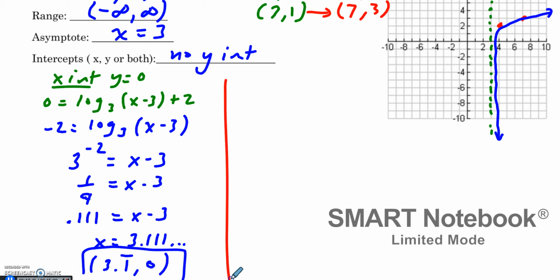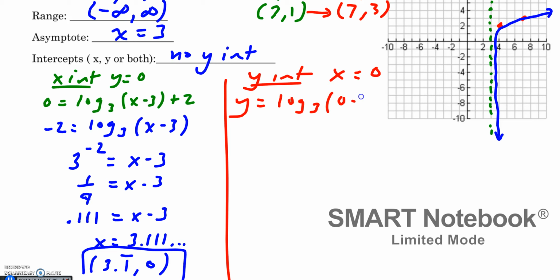If you're interested, another reason why there's no y-intercept is if you look at this original problem, and if you'd like to find the y-intercept by hand, that means x equals 0. So you could say log base 3 of (0 minus 3) plus 2. So you'd have to ask yourself log base 3 of negative 3 plus 2. The answer should be an exponent. So let's think about if that's possible.